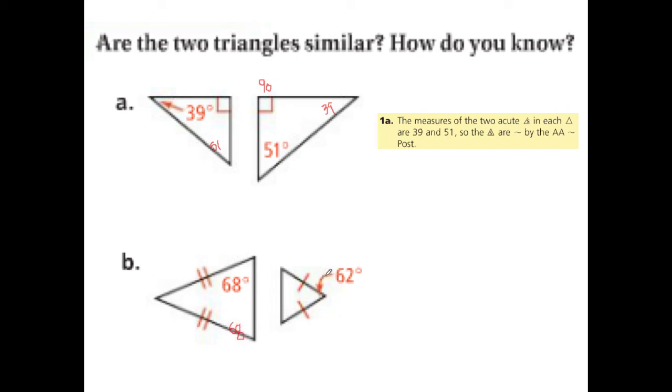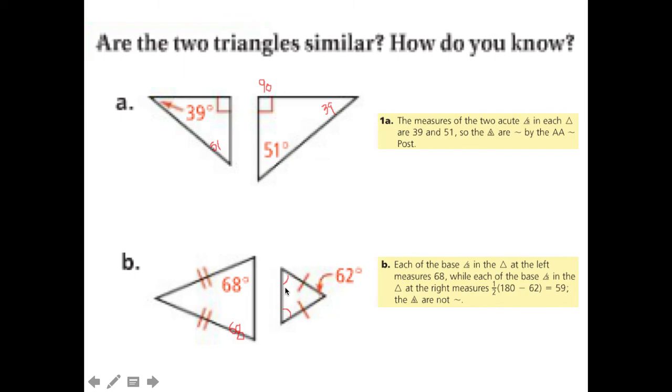The goal is to figure out what the angles are for these bases, because maybe they're 68 degrees also. To figure that out, again, three angles in a triangle equal 180. Go ahead and subtract 62 from 180, and divide whatever you get left by 2, because they would be two equal halves.